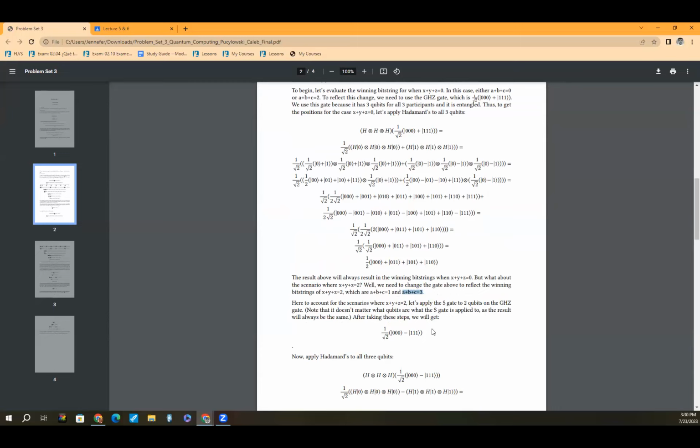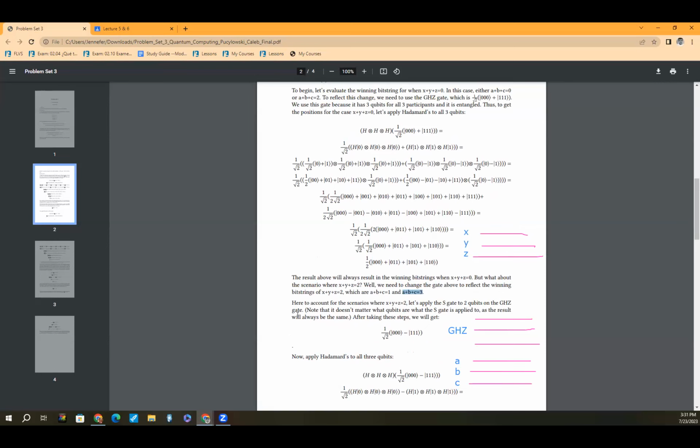And then, if you remember the circuit we drew last time, the inputs were on 3 lines, the GHZ state was on another 3 lines, and then their outputs were on another 3 lines. So you could call that X, Y, and Z, then the GHZ state, and then ABC.